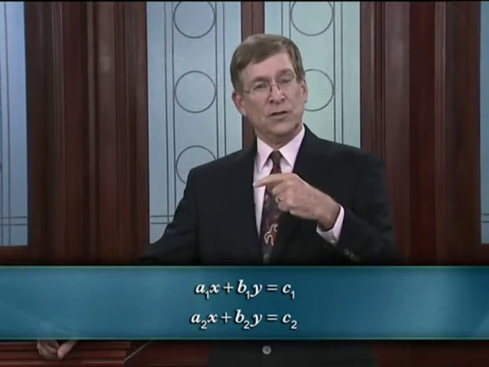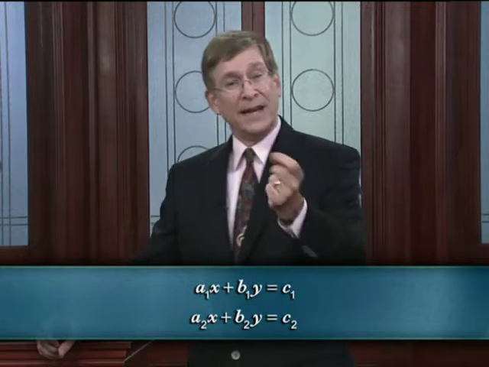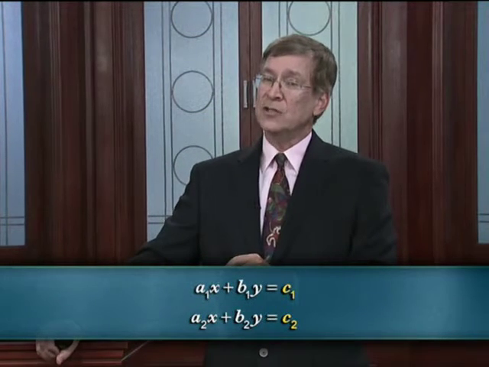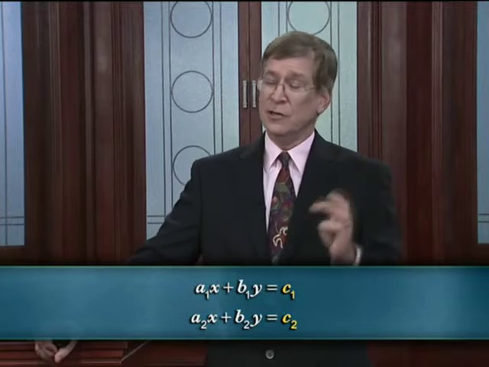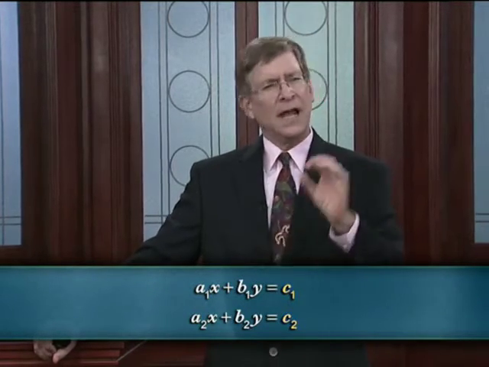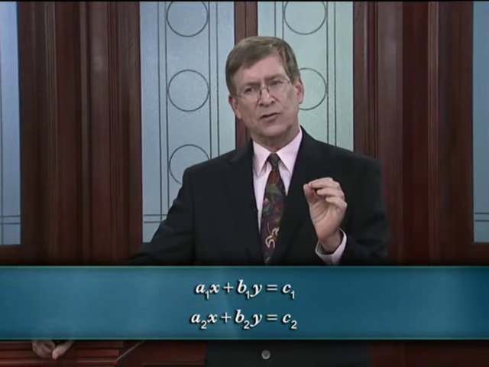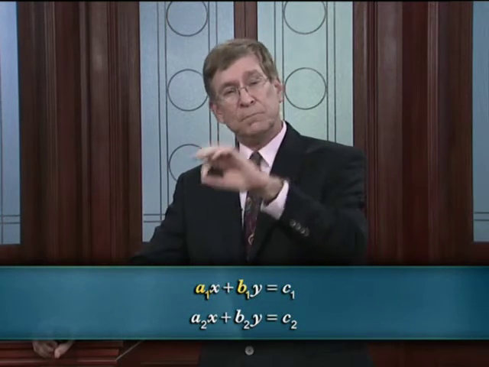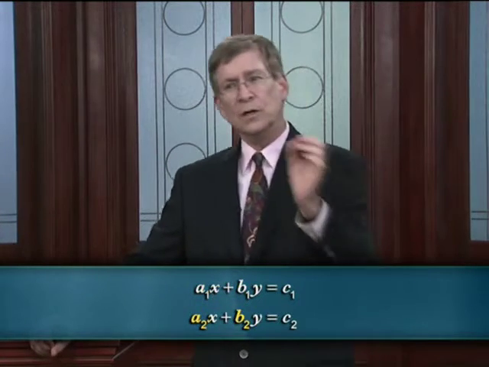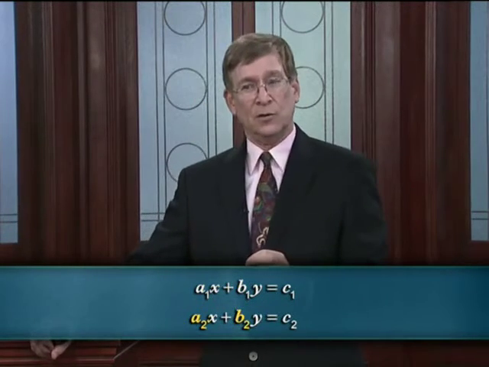I'll have two equations. The variables will be x and y. And the constants on the right-hand side, I'm going to use some new letters here, c sub 1 and c sub 2. It'll make the notation easier. And the coefficients of my linear system are a sub 1 and b sub 1 for the first equation, a sub 2, b sub 2 for the second equation.